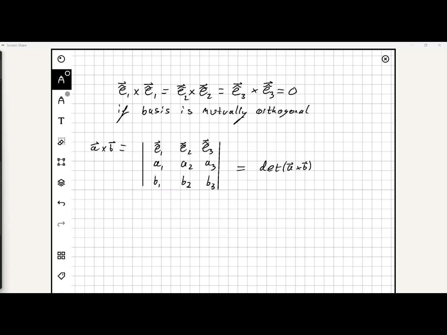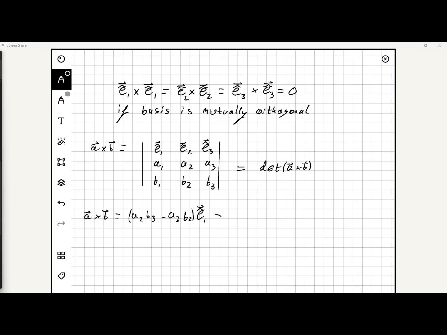Another way you can write this is A cross B is equal to (a2 b3 minus a3 b2), all in brackets, times e1. As you can see, this portion has a direction.